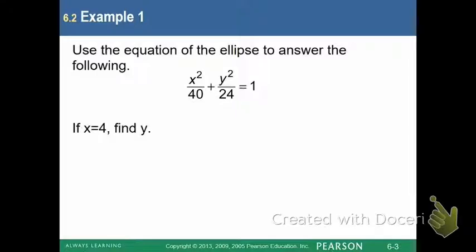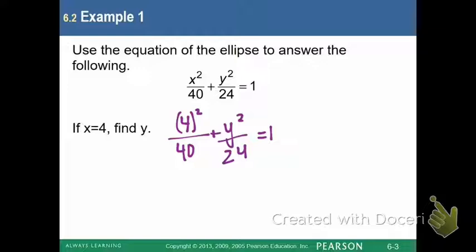So it says if x is equal to 4, find y. So we're just going to plug in 4 here for x and then solve for y. And all this is algebra. Okay, so go ahead and change this to 16 over 40 plus y squared over 24 equals 1.